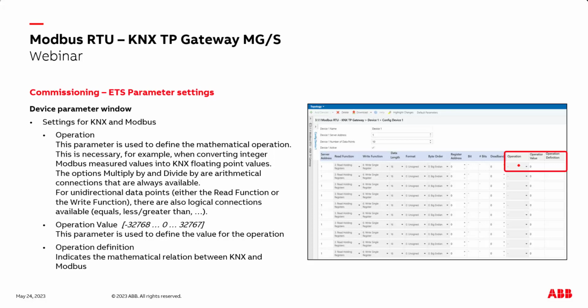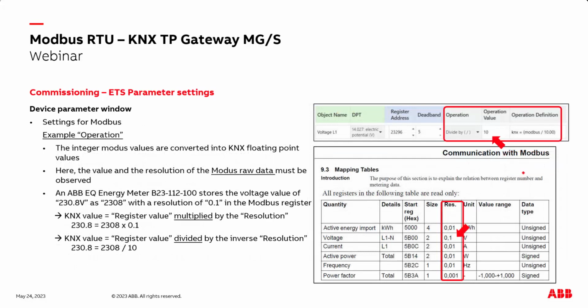And how it works, I show you again on this slide. What we need is the product manual of our meter, for example our B21 meter. We have our voltage and the resolution again. You see the value comes with a resolution of 0.1. So in our Modbus register, we have the value of 2308.